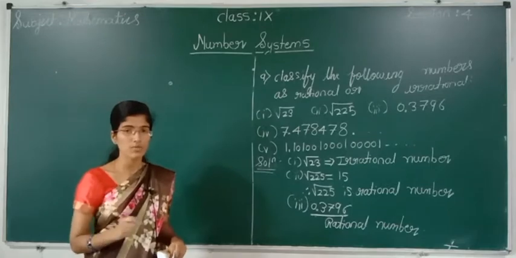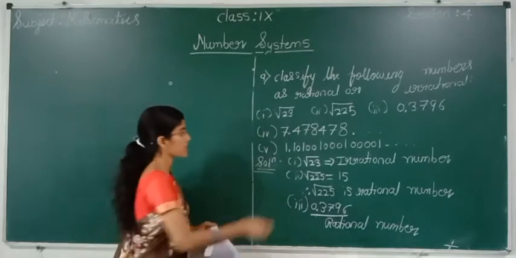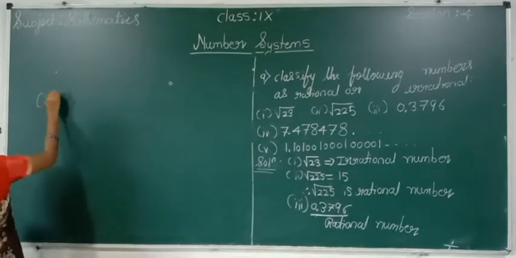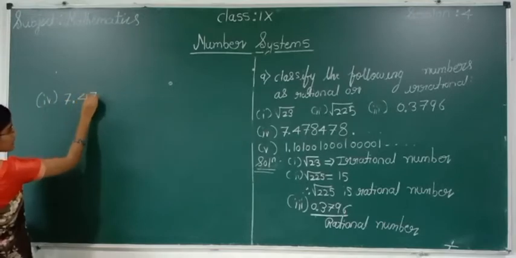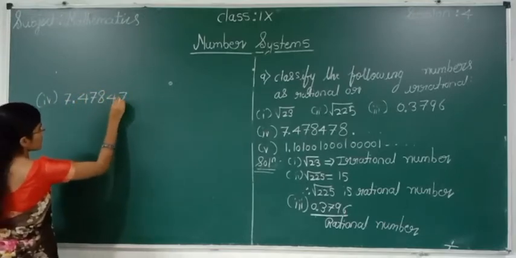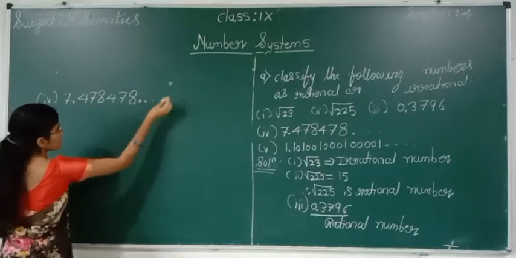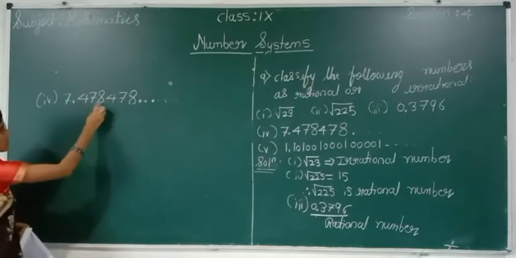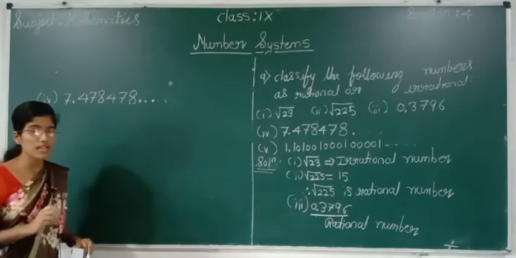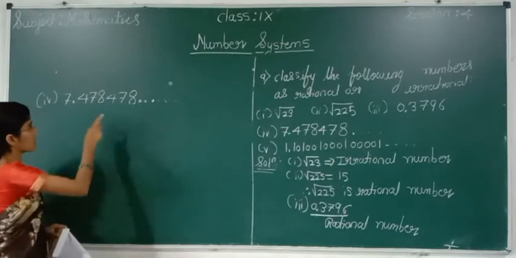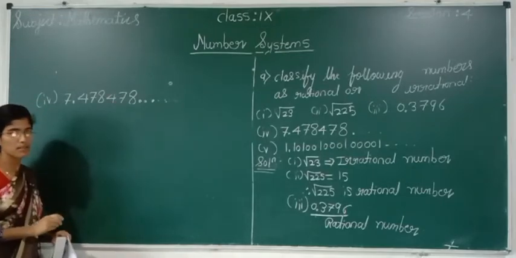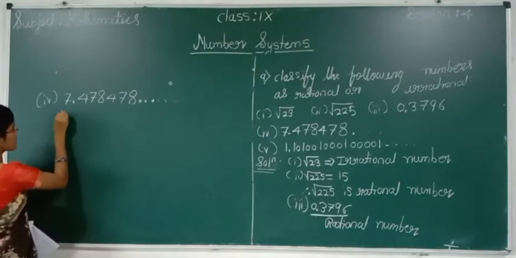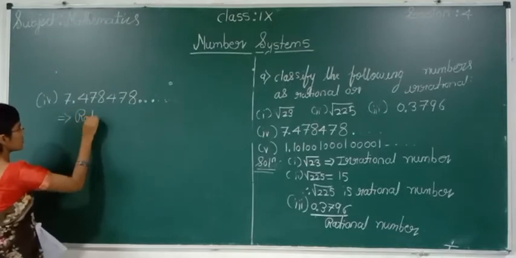Recurring means repeating, don't get confused. Non-terminating, repeating. The number whose decimal expansion is non-terminating recurring is a rational number. Which number is it? Rational number.